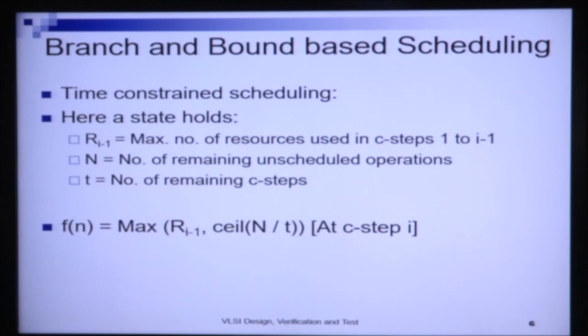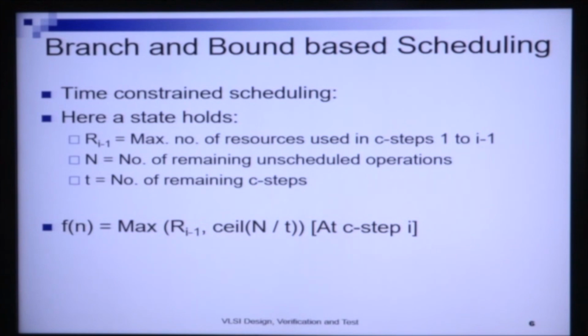If the current best solution tells me that it can schedule with a lower number of resources within the time bound than the lower bound that is produced at this state, then at this state Fn gives me a lower bound of the number of resources that I will require at any time step.